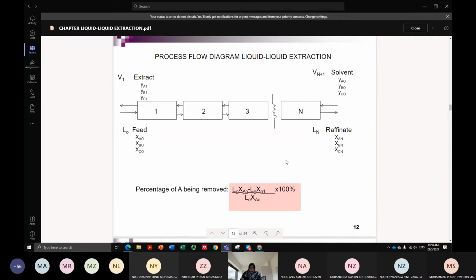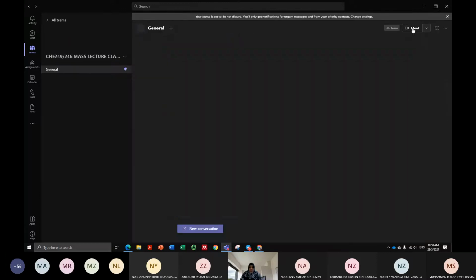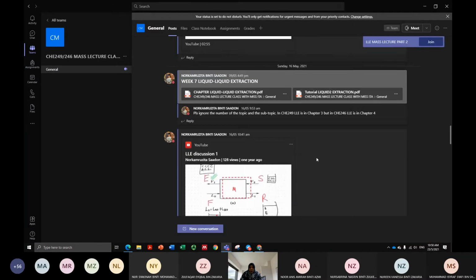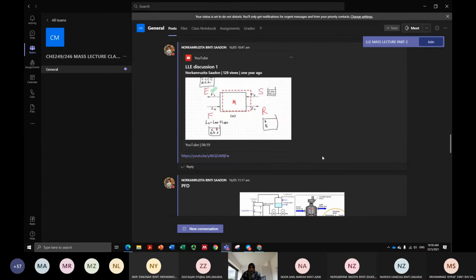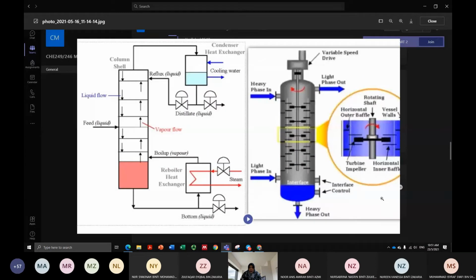I've shown you before, I've shared with you the diagram. Let's look at this. You can see here heavy phase in, light phase in.